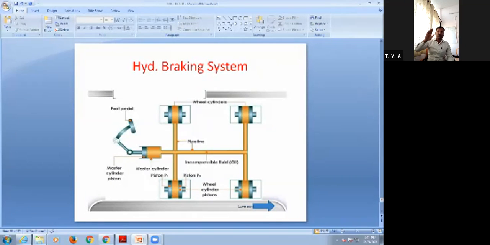When you push that foot pedal, your master cylinder piston will move in a horizontal direction, and fluid will move to piston number 1, piston number 2 in the wheel cylinders. Due to that, your braking system will start. Getting it? This is just a schematic, pictorial view.